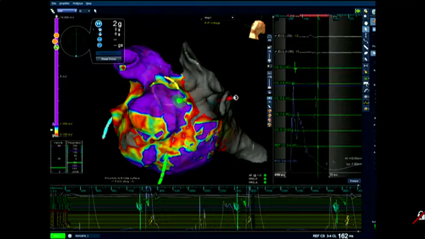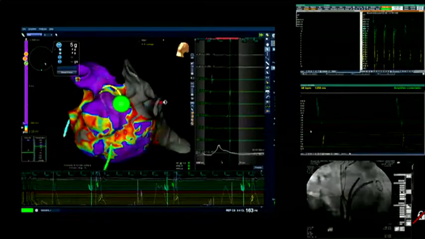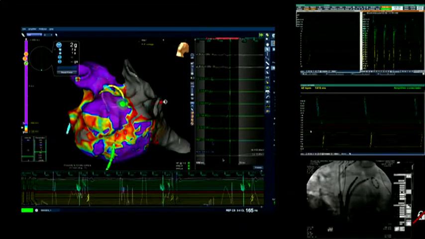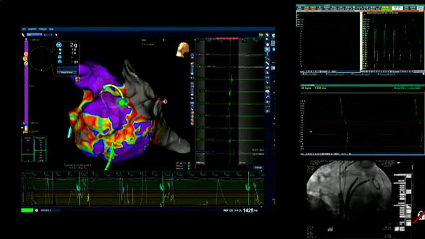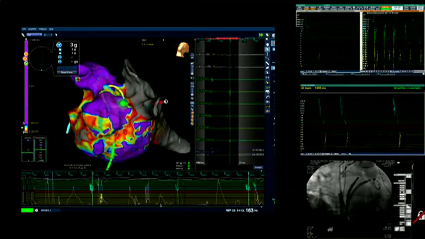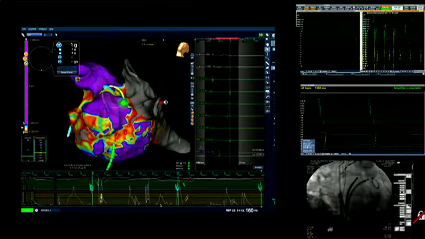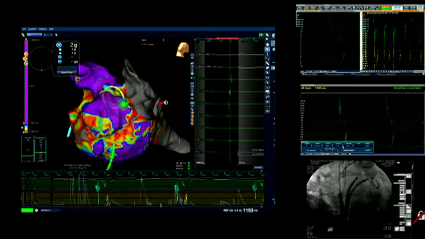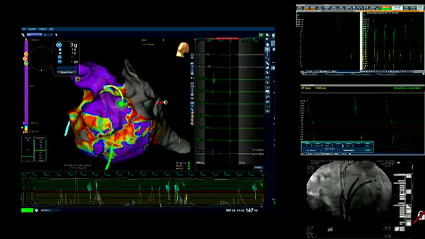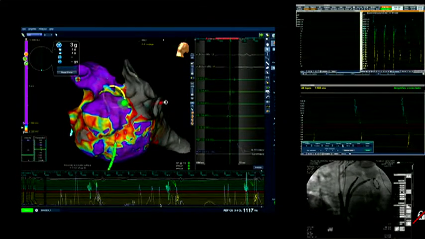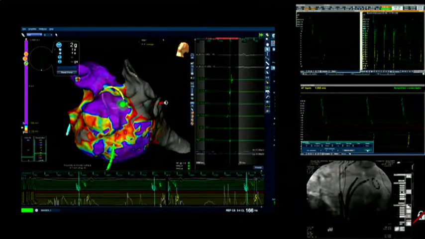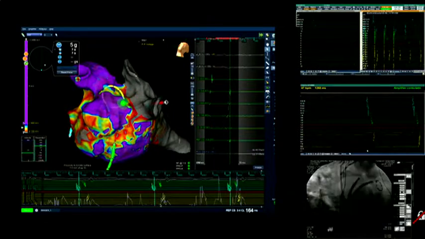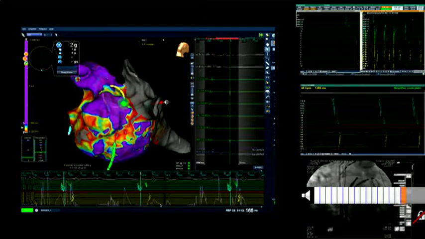I simply want to see the signal which is being recorded. I will try to filter. It's usually very noisy, but with proper filtering, you can see the unipolar signal, which is low amplitude and very fractionated. I am recording signals of the most distal aspect of Marshall's vein.